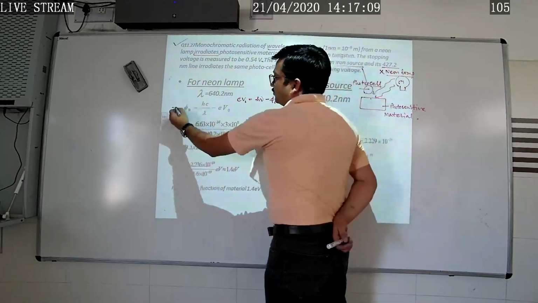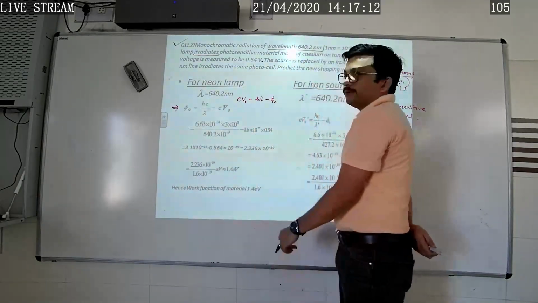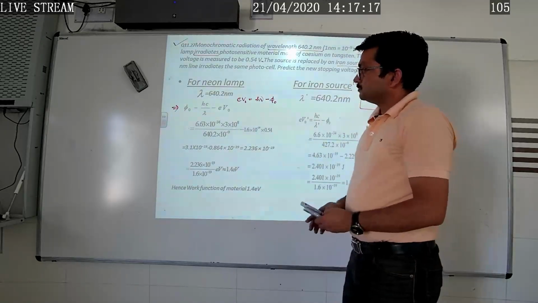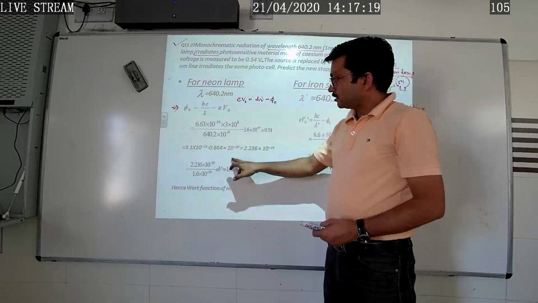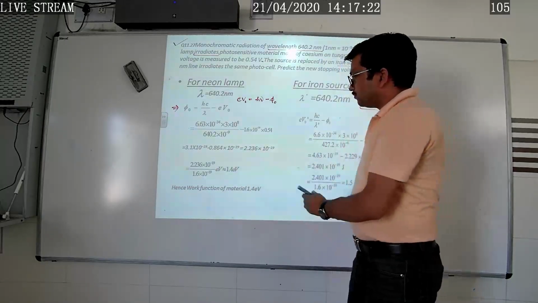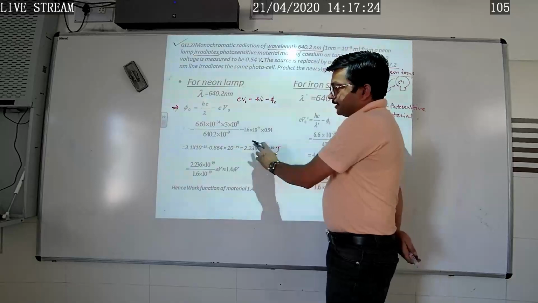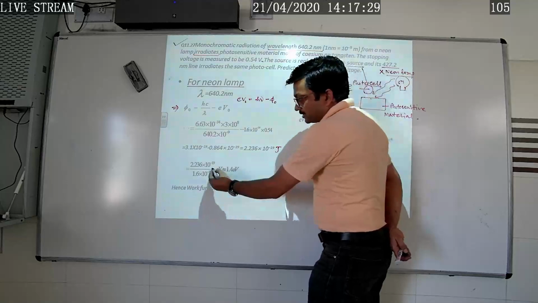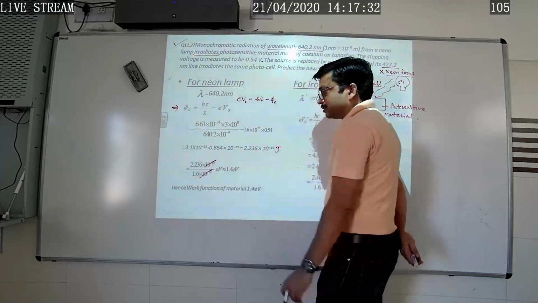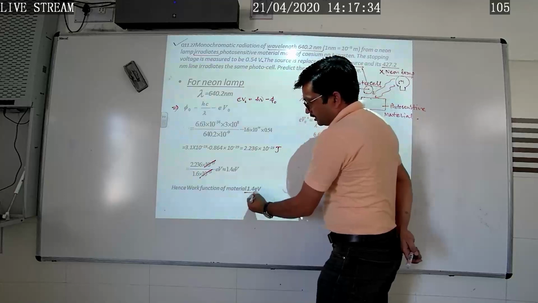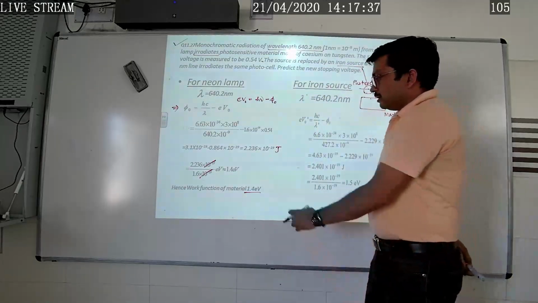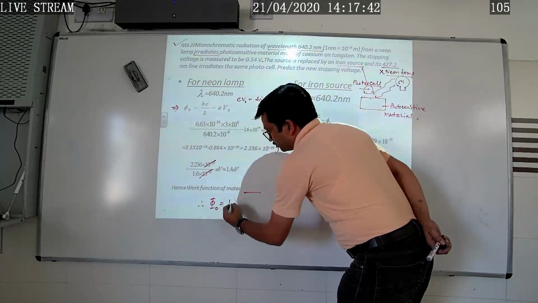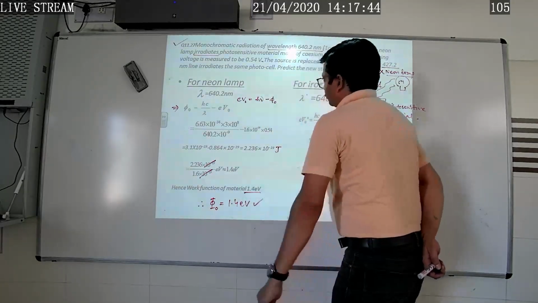Rearranging, phi naught equals hc by lambda minus eV naught. Substituting the values, we get the work function in joule, and to write it in electron volt we divide by 1.6 into 10 to the minus 19. This term and this term cancel out. We get the work function of the material as 1.4 electron volt. Therefore phi naught equals 1.4 electron volt.